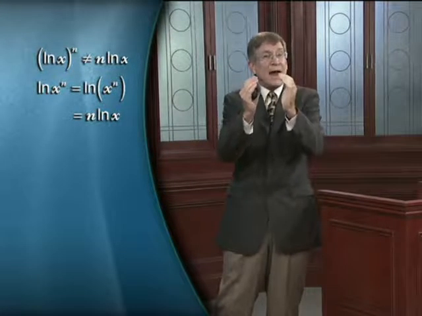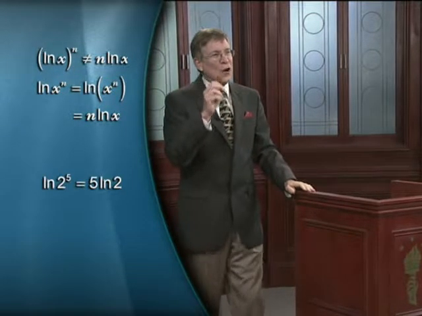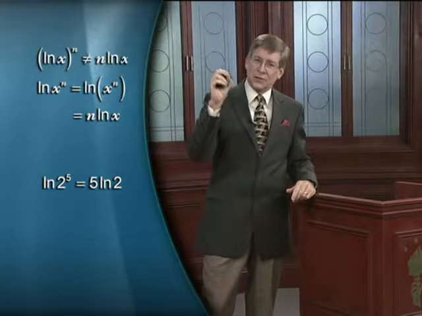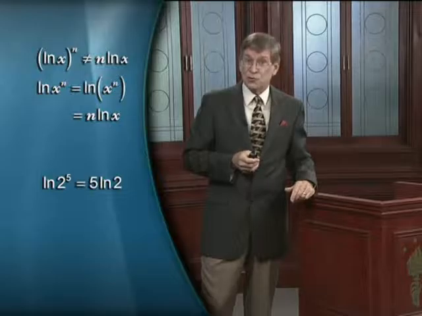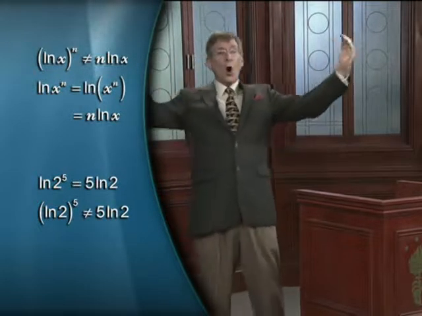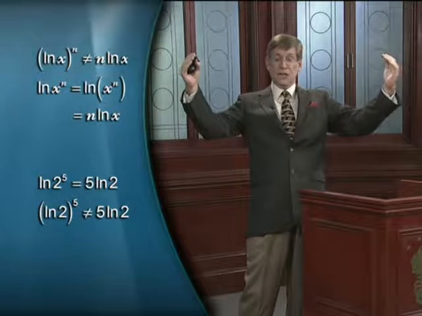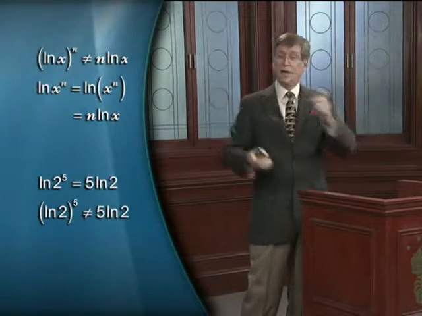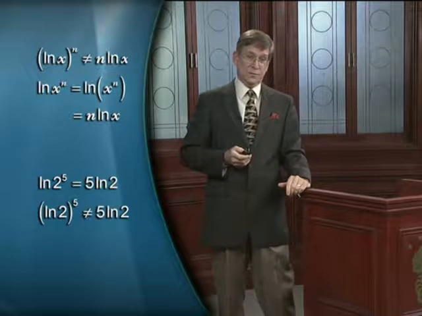And then you can move the n into the front. For instance, log of 2 to the 5th is the same as 5 log 2. That's true. But log of 2 all to the 5th power, the entire log is to the 5th power, that's not 5 log 2. So be a little careful there.